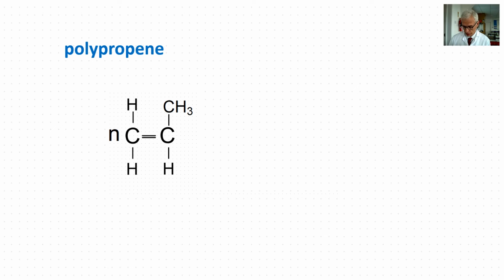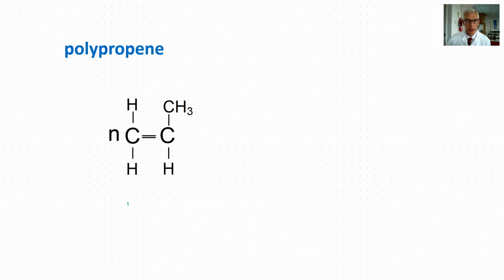So, slightly harder problem. Could you predict for me or represent polypropene? A displayed diagram, as we have been doing. Think it through carefully. Come back when you have completed it. Okay, so the first thing to do is to get propene correct.